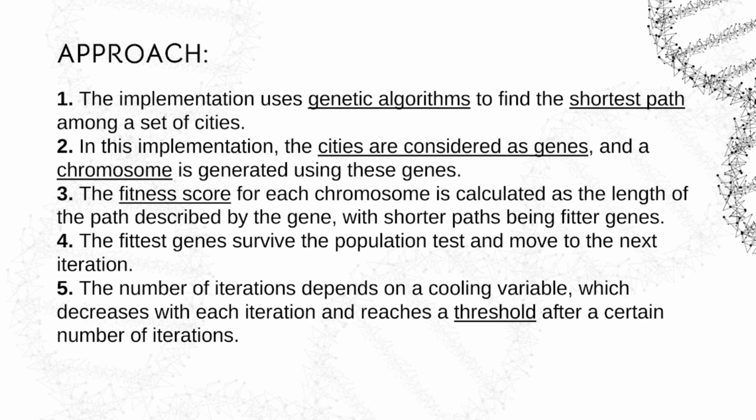This process continues until the algorithm reaches the stopping criteria, which is determined by a cooling variable that decreases with each iteration. The number of iterations depends on this variable and reaches the threshold after a certain number of iterations. By using genetic algorithms in this way, we can find the shortest path among a set of cities efficiently and effectively.